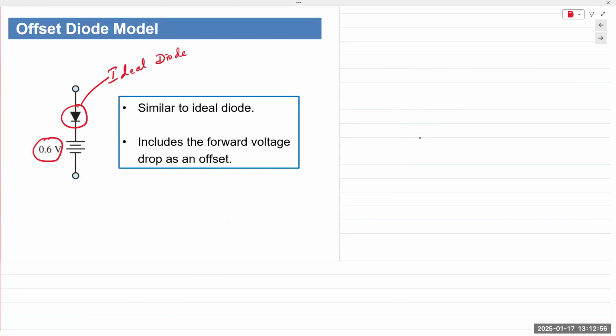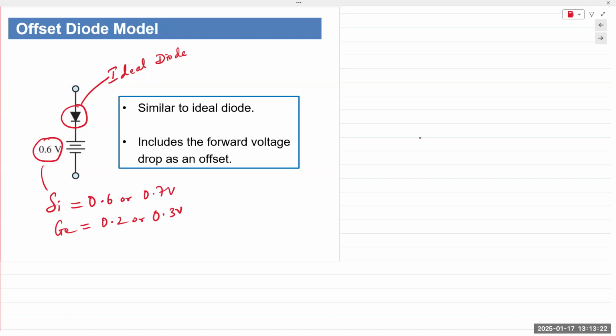Now, the turn on voltage with a silicon diode is 0.6 or 0.7, for germanium it would be 0.2 or 0.3. The actual value does not matter. Whatever the model is, it would be either stated in the problem or you can make an assumption.